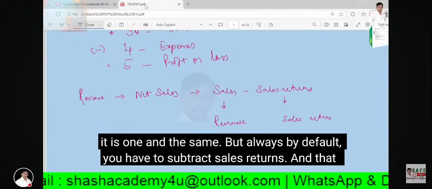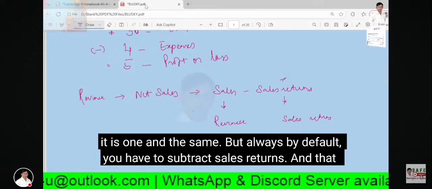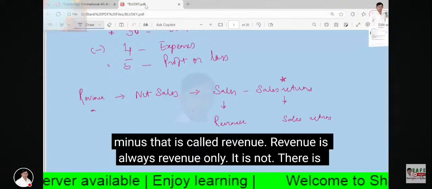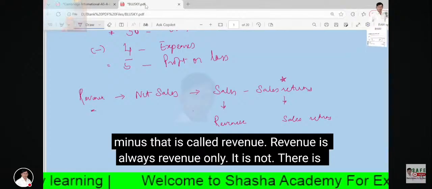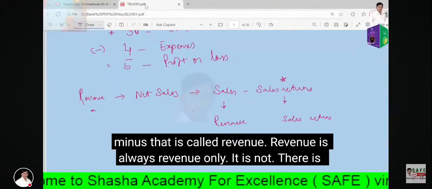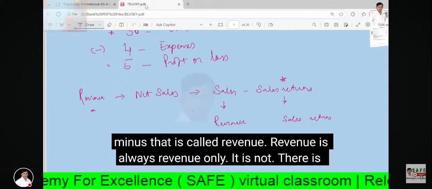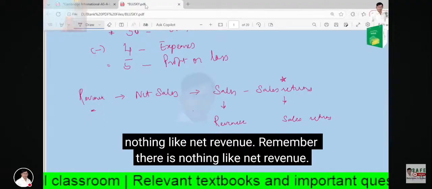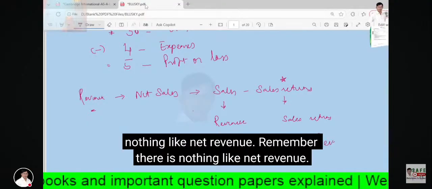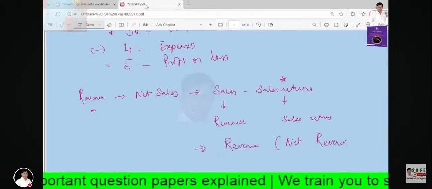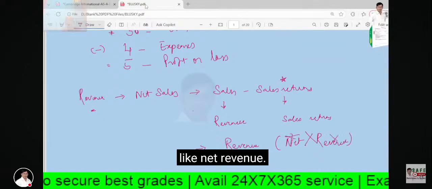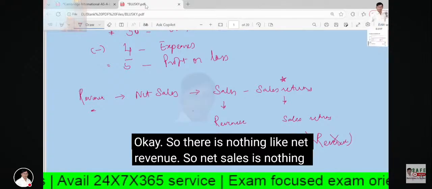But by default you have to subtract sales returns, and that is called revenue. Revenue is always revenue only. There is nothing like net revenue.